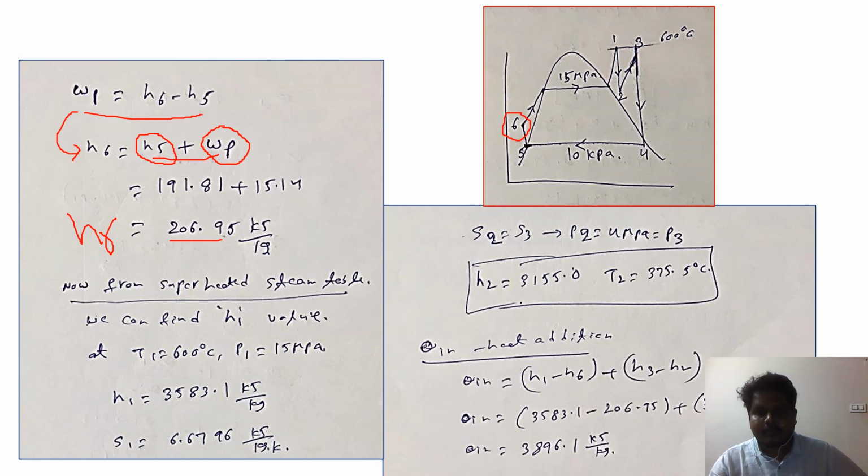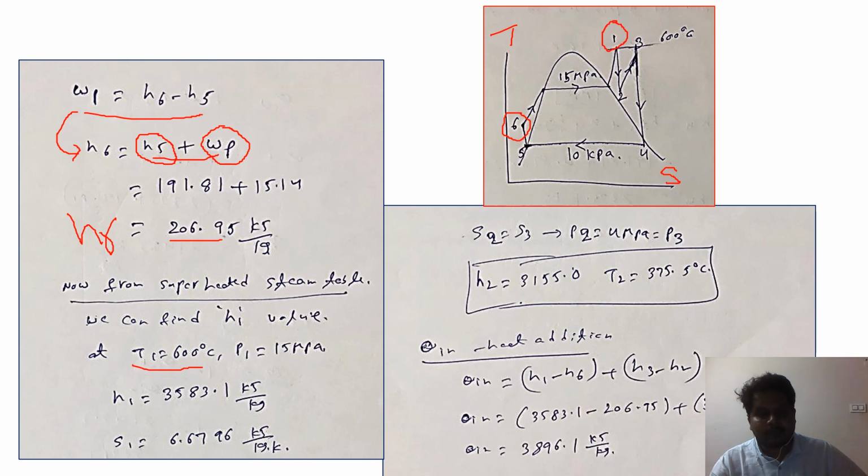Now let us find the enthalpy at point 1. If you look at this TS diagram, point 1 is in the superheated region. So here we have to refer to the superheated steam table. At point 1, the temperature T1 equals 600 degrees centigrade, which is given in the problem.